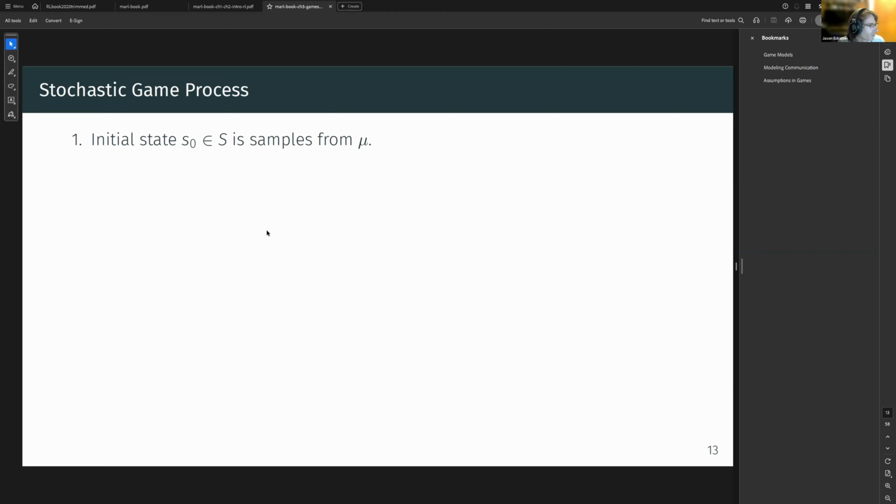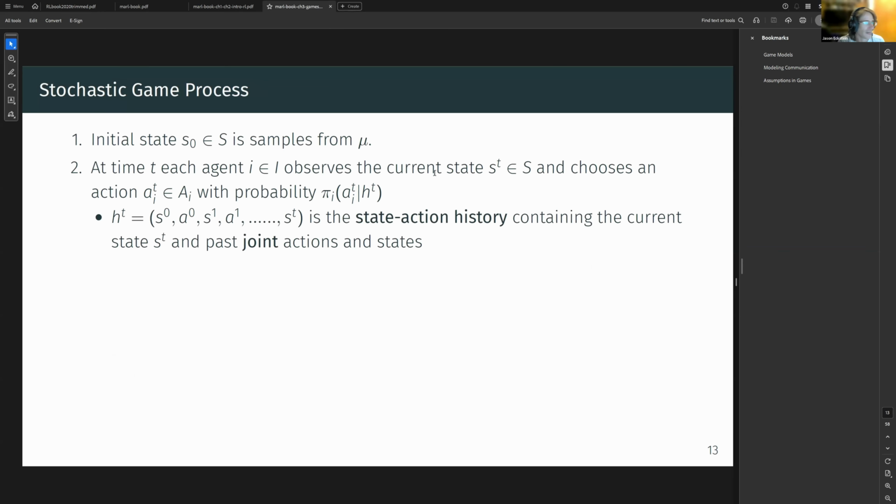And the other difference we have is that the policies are now conditioned on the full history up to the current time step, and they select an action from this distribution. But now the history is not just the joint action history. It is also the state history.